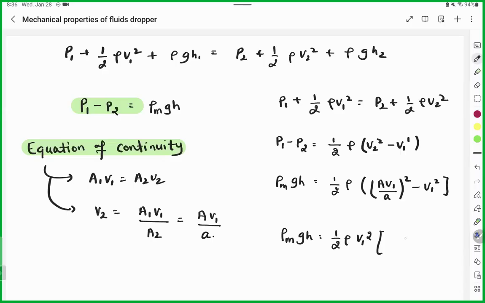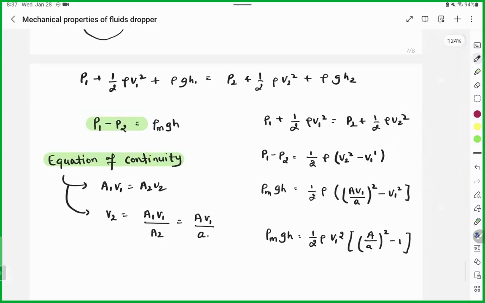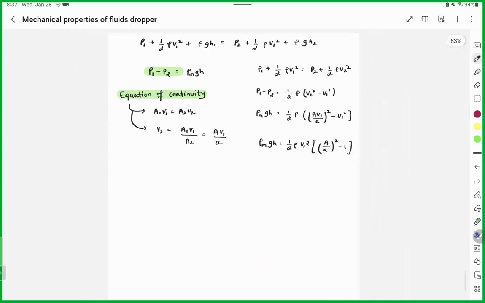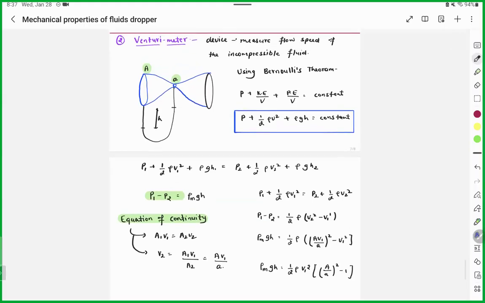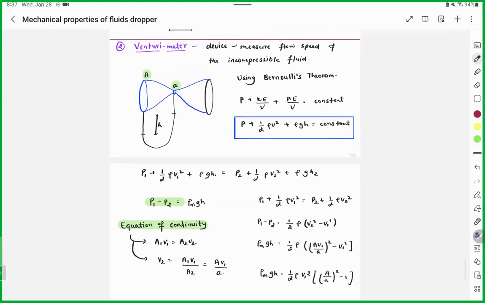What will be the value? A by the square root of A whole square minus 1. So you will feel you don't need to remember anything, just apply the formula of Bernoulli's theorem. And second thing, pressure difference is equal to rho g h, with average density.